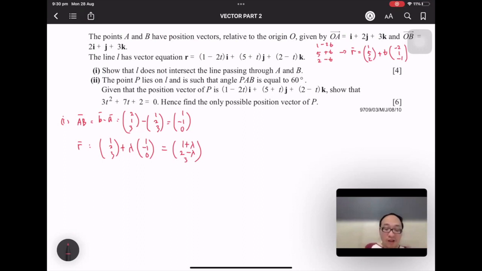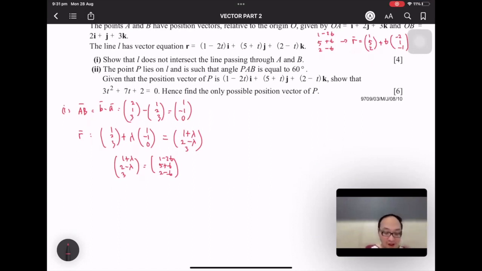To find whether the line L intersects the line AB or not, we have to check whether all the components have the same value or not. So we have to check it with the line L. The coordinates of AB, 1 plus lambda, 2 minus lambda, and 3, should be equal to 1 minus 2t, 5 plus t, and 2 minus t.